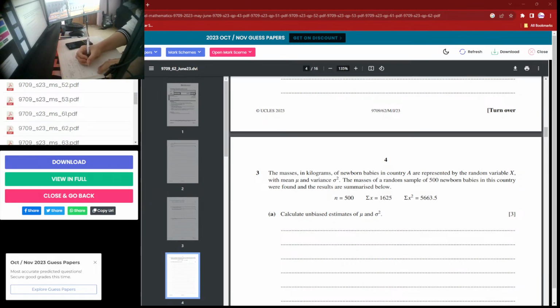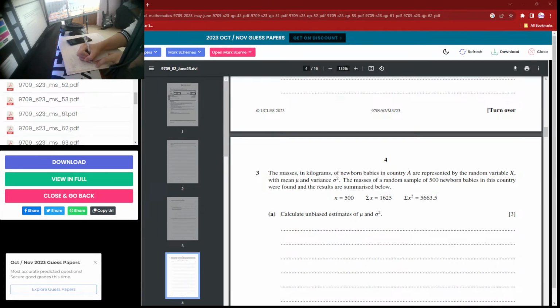Okay, 3A. The masses in kilograms of newborn babies in country A are represented by the random variable X with mean and variance. The masses of a random sample of 100 newborn babies in this country were found, and the results are summarized below. Calculate the unbiased estimates. Okay, unbiased estimates.